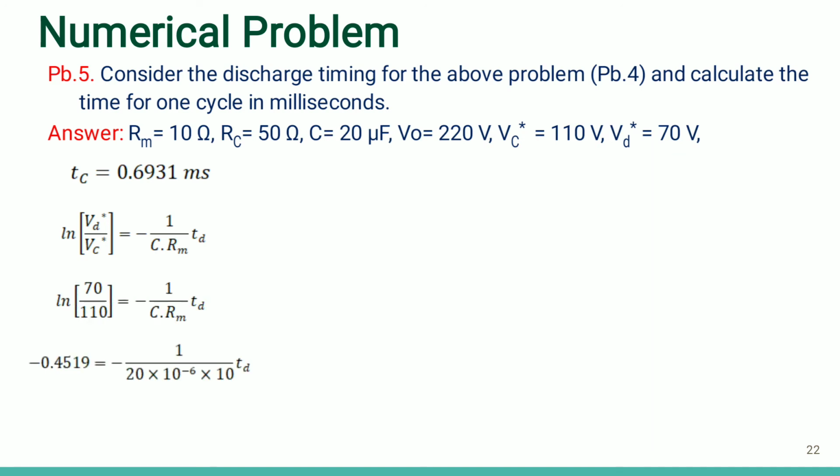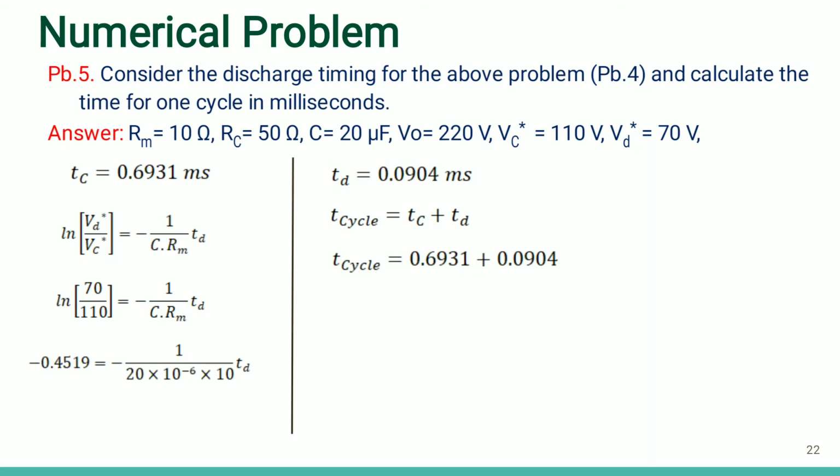When you put these values, Td will be equal to 0.0904 millisecond. When you add it to the Tc, you will get the cycle time equal to 0.7835 millisecond. So that is the total time.